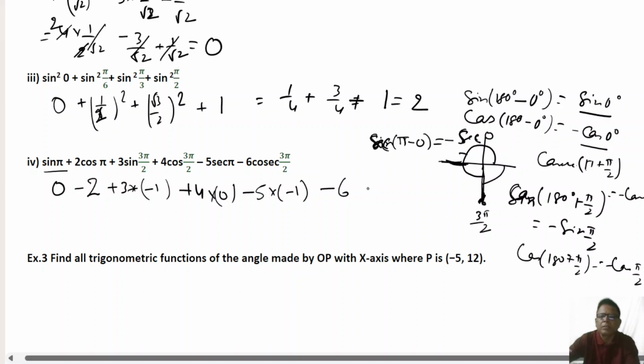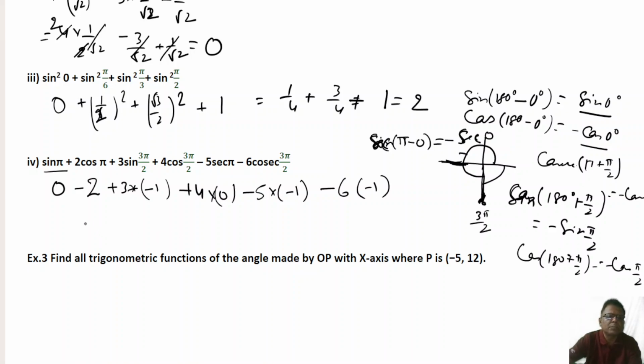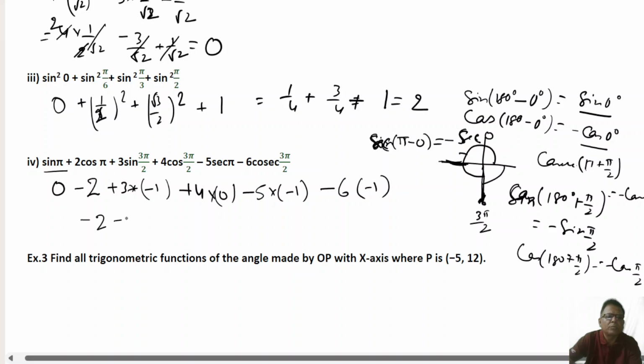So that is minus 1. So this is equal to minus 1. This will be minus 2, minus 3, plus 5 and plus 6. So these both get cancelled. Then its answer will be 6.